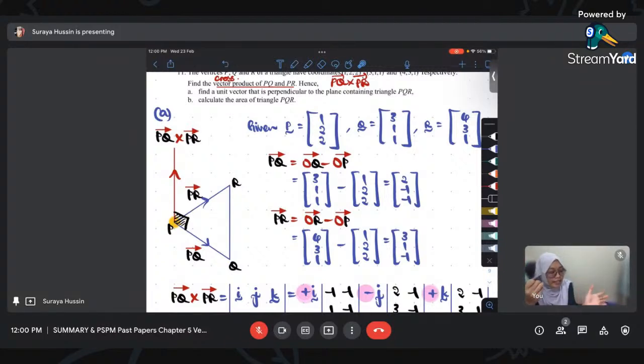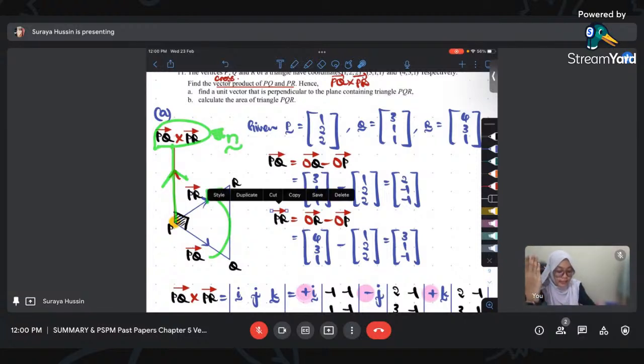Kaut dari belakang ke depan. Keluar ke dalam. So luar means from PQ to PR. So you will get PQ to PR punya unit vector. Ia punya normal vector lah sebenarnya.